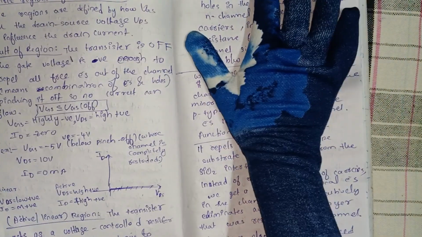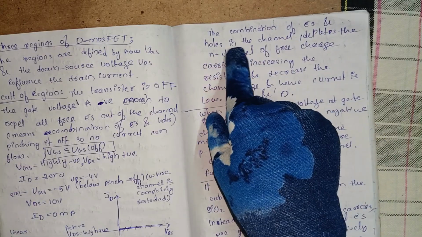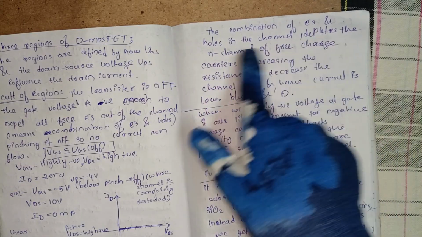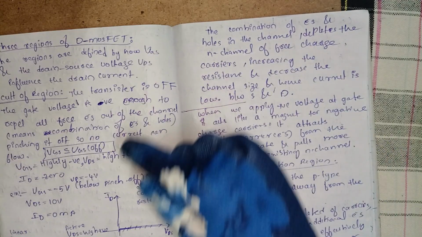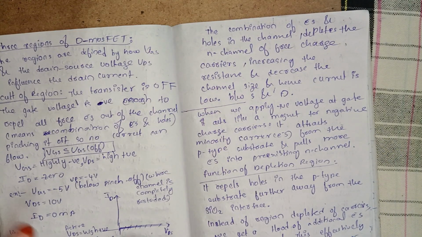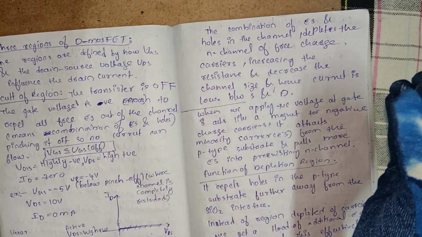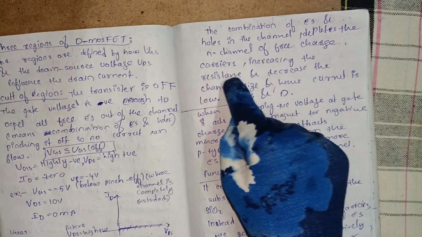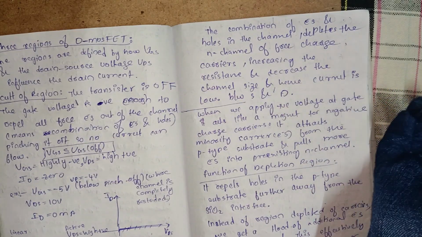The recombination of electrons and holes in the channel depletes the n channel of free charge carriers. So in the channel, free electrons will decrease due to this electron hole recombination, increasing the resistance and decreasing the channel size, and hence the current is low between source and drain.